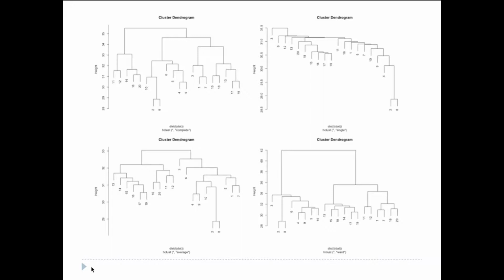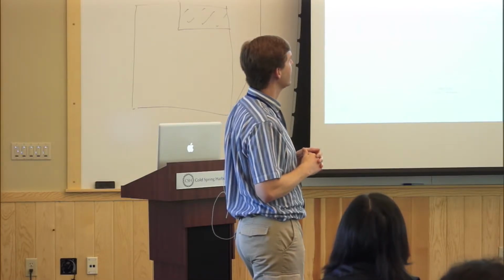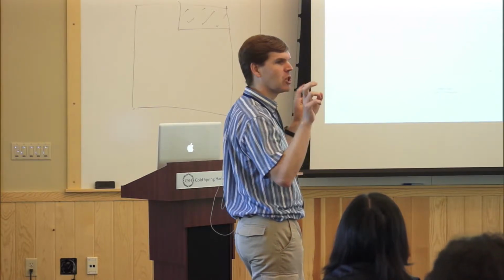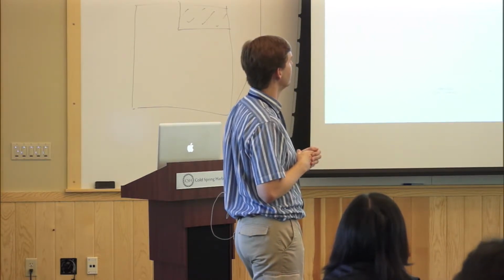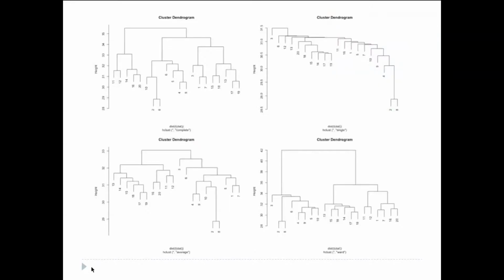How would you guys kind of describe that clustering? It's kind of flat, right? It's kind of flat clustering. There's not a lot of distinction between different clusters. So flat, sort of low clusters is what single linkage tends to produce. As compared to complete linkage, which creates relatively tight clusters.